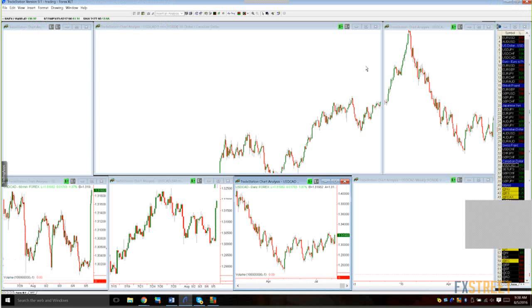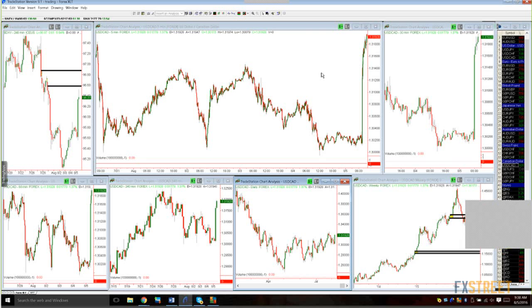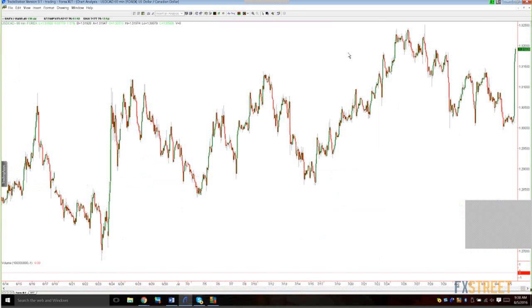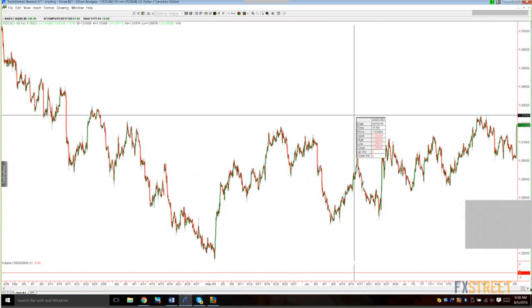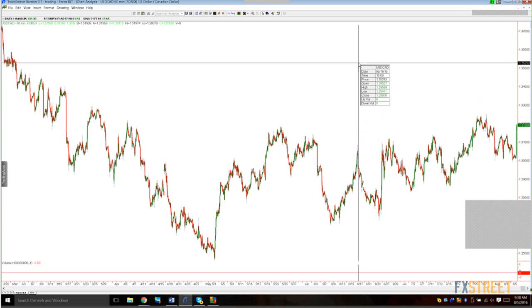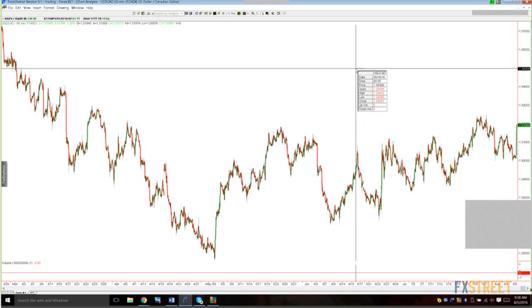But I want all that information going into it when we go to look at a smaller time frame chart. So where's that likely to start? Where do we want to really get interested? Right up in here, just above 135.